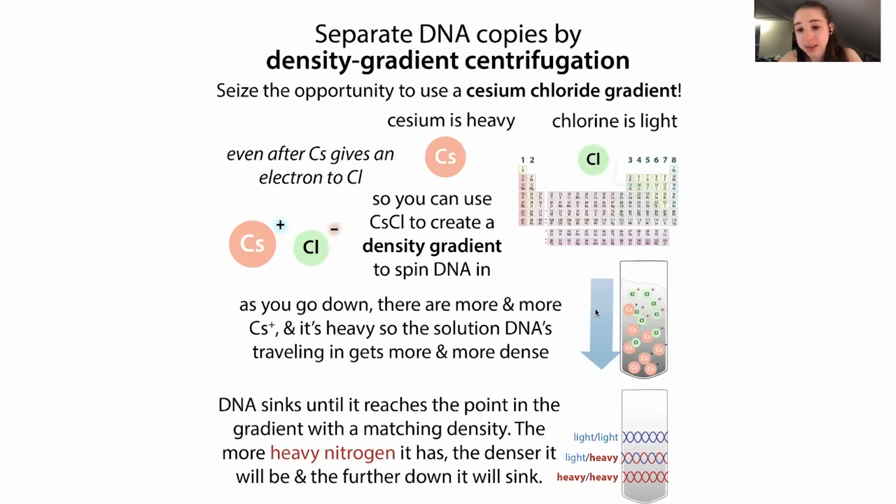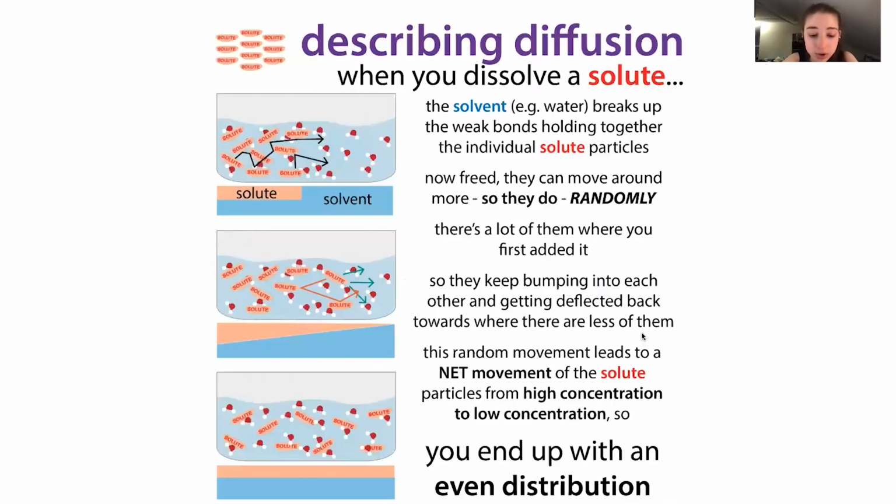But the concept is the same, that when you have a centrifugal force applied, the heavier things are going to be drawn towards the bottom or away from the force. So when we have our sideways tube, it's going to be all the way at the end. But if we consider it like this for now, it's basically going to sink, but then you also have this idea, this diffusion going on.